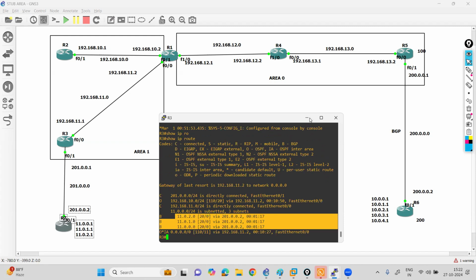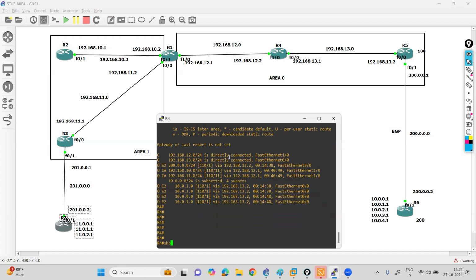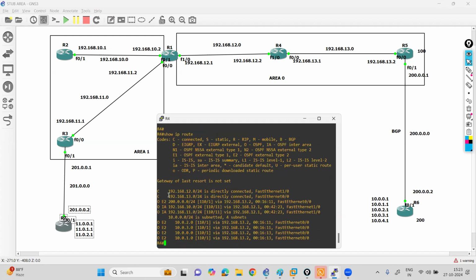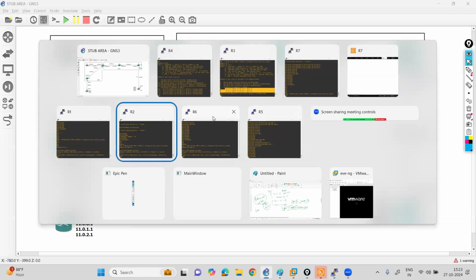Yes, sir. Okay. If I go to router number 4, show IP route. So the information from the 192.168.10.0 will be blocked. Let's go to router number 2. See, is any information available or not?